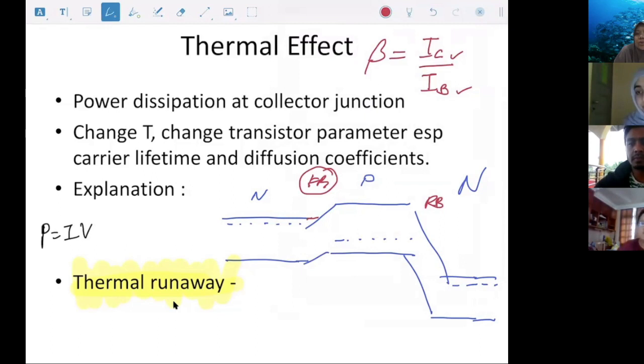So you, me, and everyone here have a lifetime. When we die, we finish our lifetime, right? And the lifetime is determined by God, by Allah. So electron and hole also have a lifetime. That's why Allah said nothing in this world will be there forever. Only Allah will be there forever.